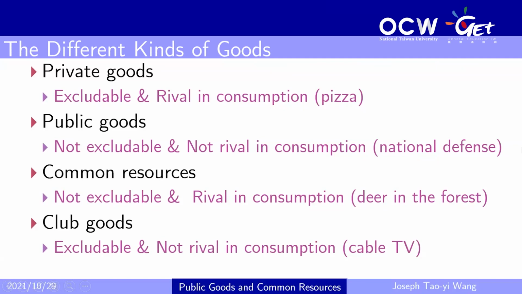So it's excludable. I can stop people from using it because I can cut your cable, but it's not rival in consumption. I mean, the socially optimal or the lowest cost is everybody enjoying it, because you watching the cable TV does not lower other people's happiness for watching cable TV.